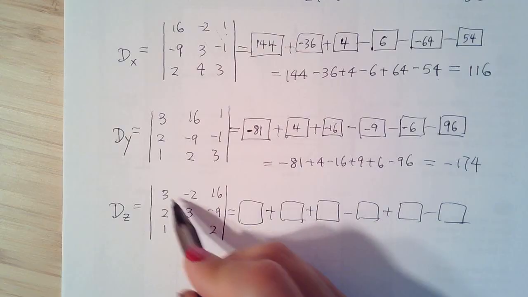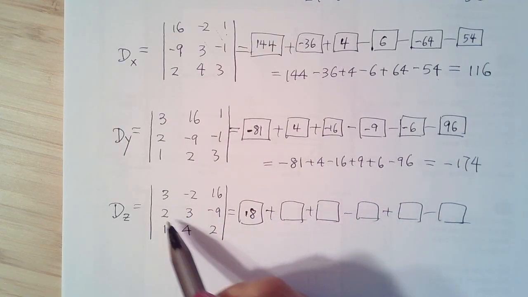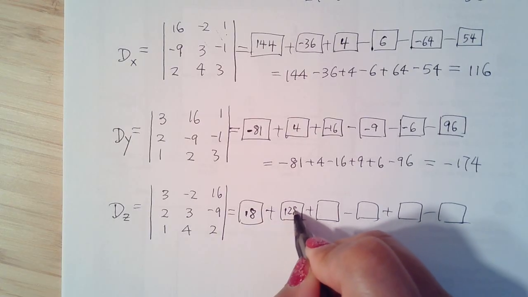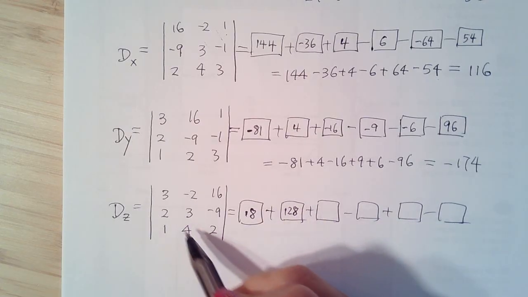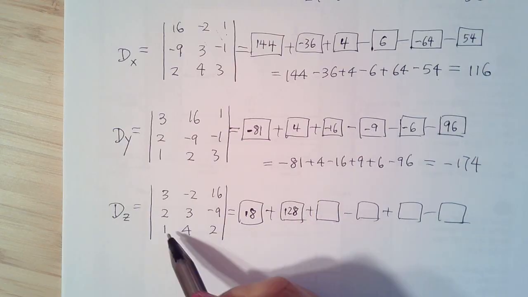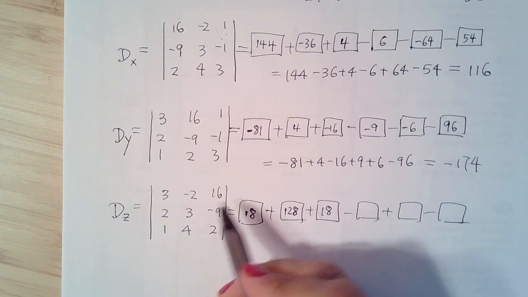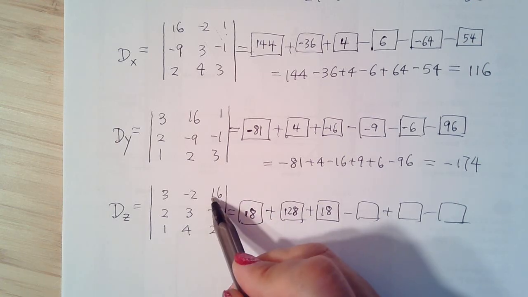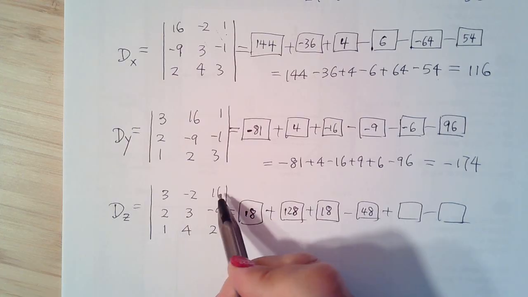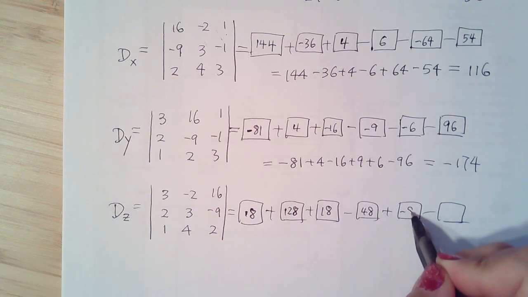So 3, 3, 2 is 18. Then 2, 4, 16 is 128. And then 1, negative 2, negative 9 is positive 18. Going backwards, 16 times 3 times 1 is 48.